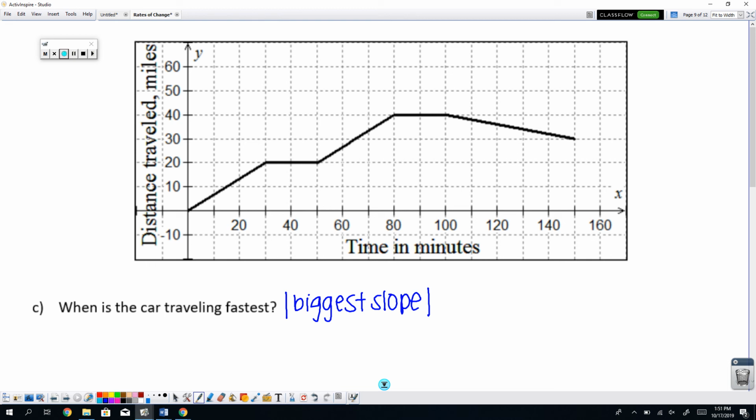Okay, so we're really looking for slope. So you want the biggest slope. So it looks like it's from 0 to 30. From t equals 0 to t equals 30. And it looks identical from 50 to 80.